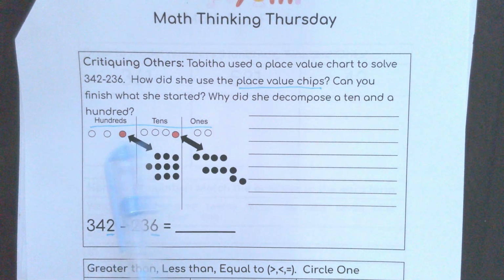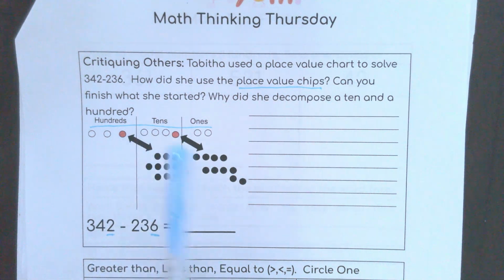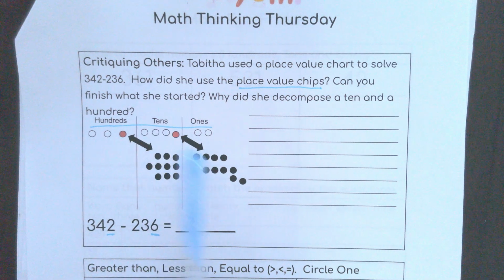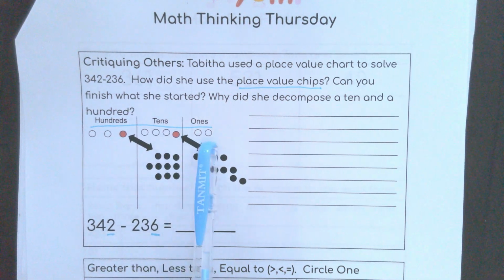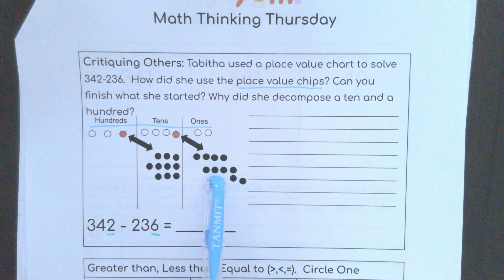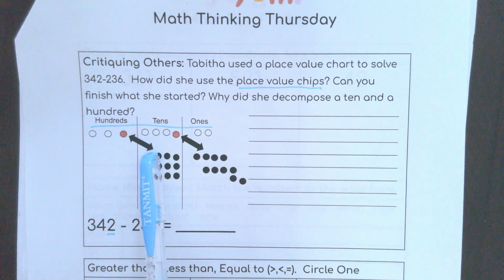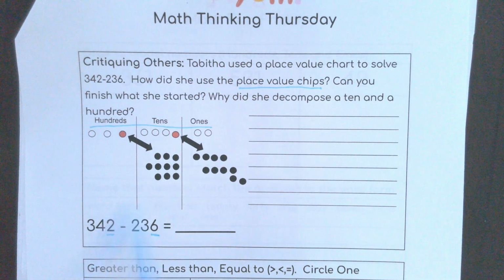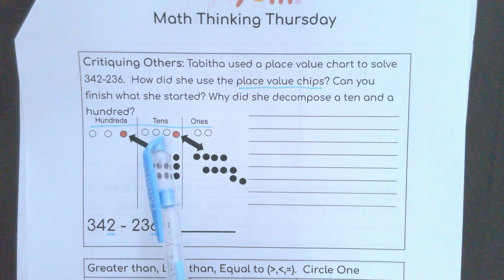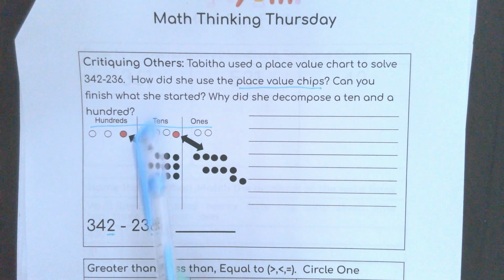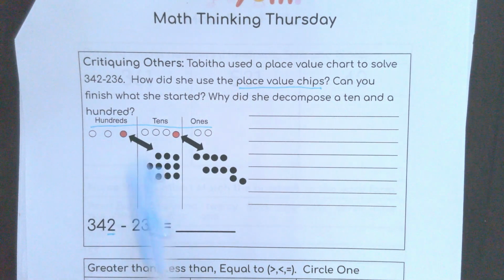So we have to fix some of Tabitha's work here. She did great here with the tens place. She knew exactly what to do. There weren't enough ones, so I have to move 10 over. Perfect. But here in the tens place, she moved over 100 and she didn't need to, because once she had 3 there, she could just take those 3 away. So she didn't need to move this. This didn't need to happen.